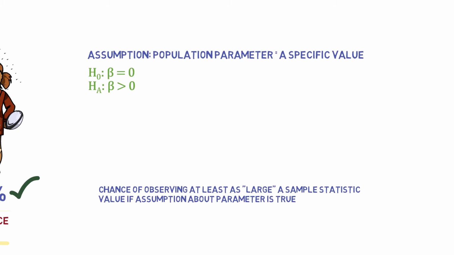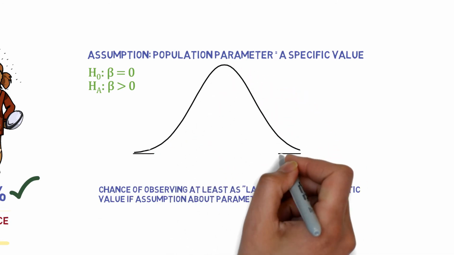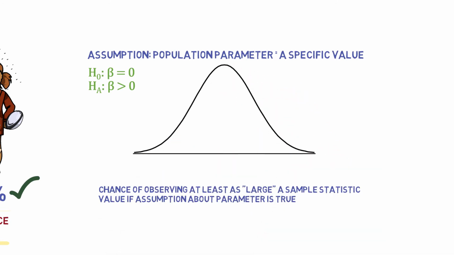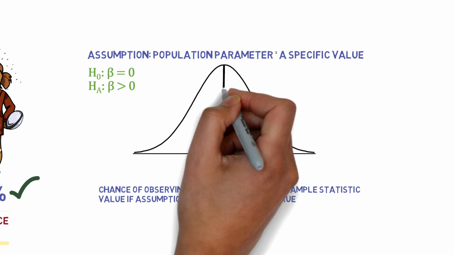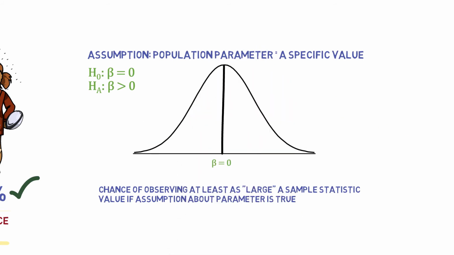And so suppose in this case, we're hypothesizing that beta equals 0, then we have a sampling distribution for our sample regression coefficient, which if the sample is large enough and other ideal conditions are met, has a t-distribution, and it's centered at beta equals 0 because we are assuming that beta equals 0 with the null hypothesis.